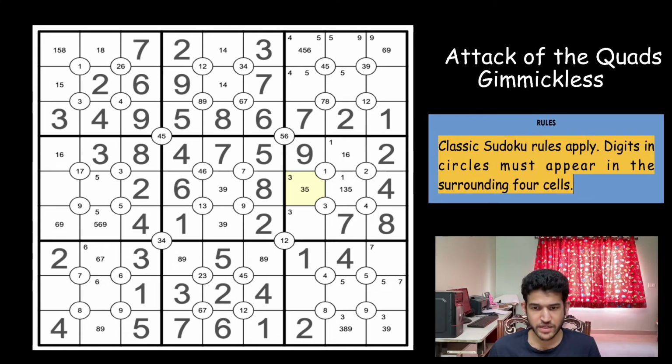Look at this cell, it cannot be 1, 2, 3, 4, 7 or a 9 or a 5. So 6 or 8. Okay, 9 is going in these 2 cells, and that removes the 9 here, giving a 9 in these 2 cells.